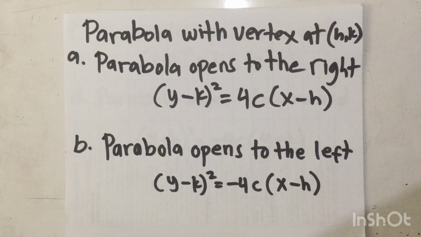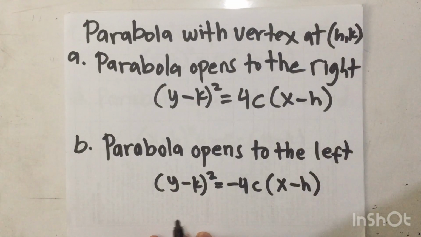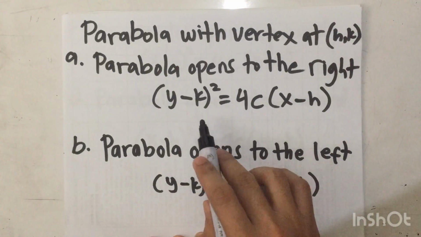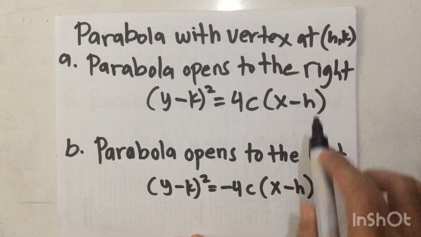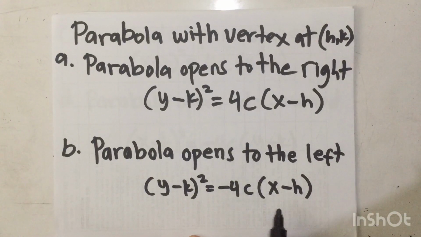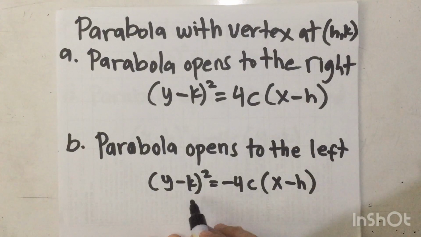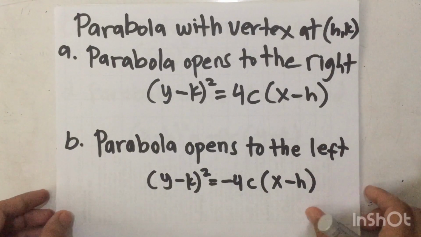While if the parabola has vertex at (h, k), then the equation of the parabola that opens to the right is y minus k squared equals 4c times x minus h. And if the parabola opens to the left, then the equation is y minus k squared equals negative 4c times x minus h.